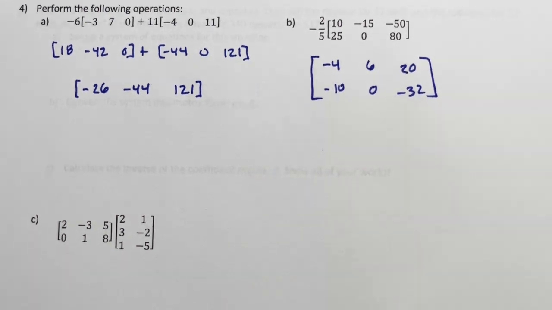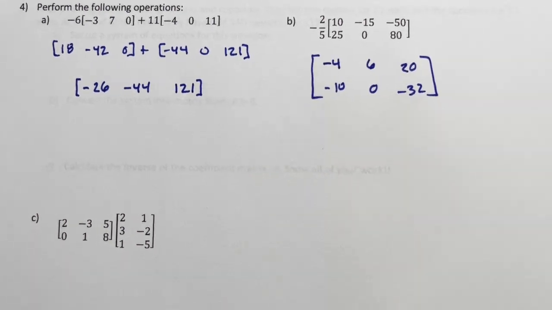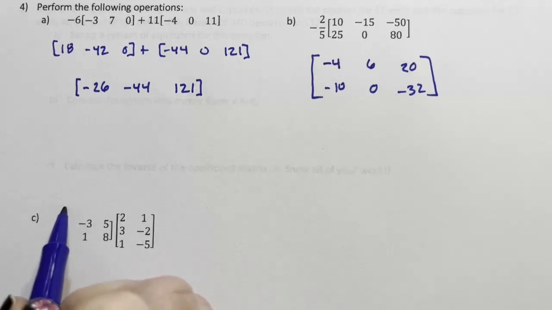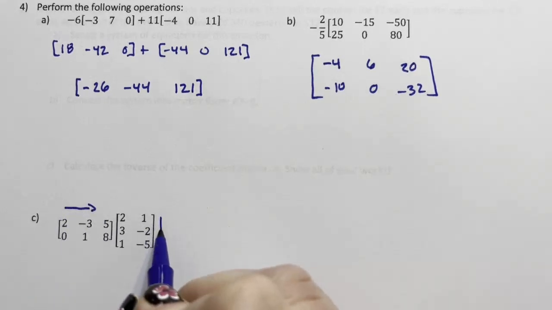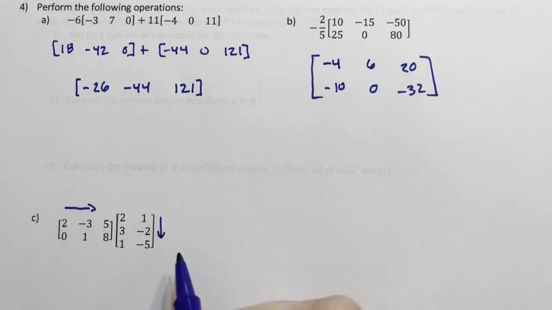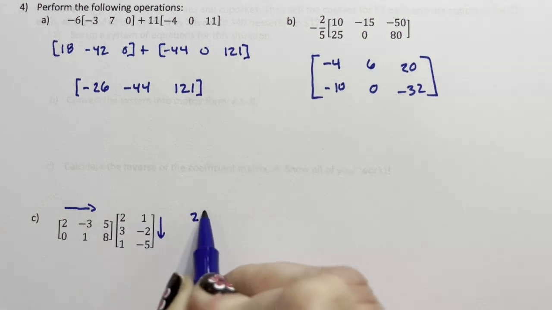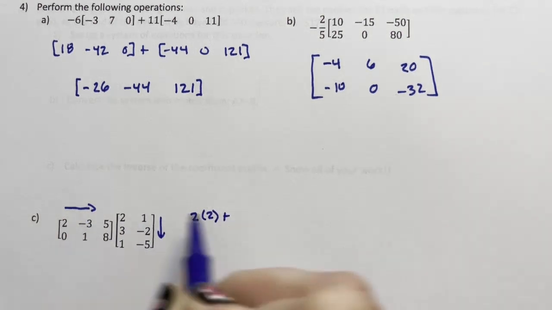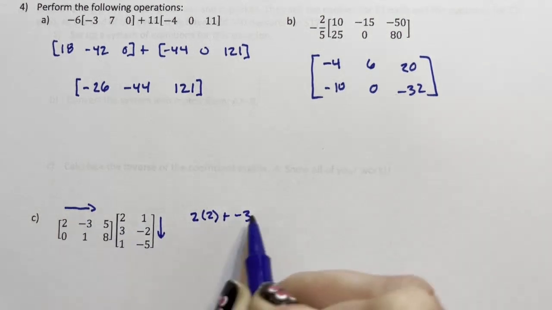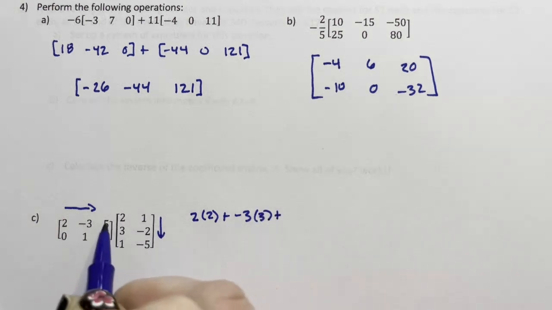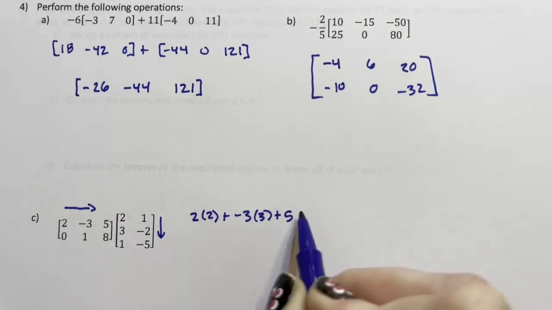The last and most interesting of this series, for problem number 4, is multiplying matrices. If you're not familiar, I have videos on this. We multiply each row in the first matrix by each column in the second, and we do it number by number. So this 2 multiplies to this 2, and we add to this -3 multiplying to this 3, and we add to that this 5 multiplying to this 1.